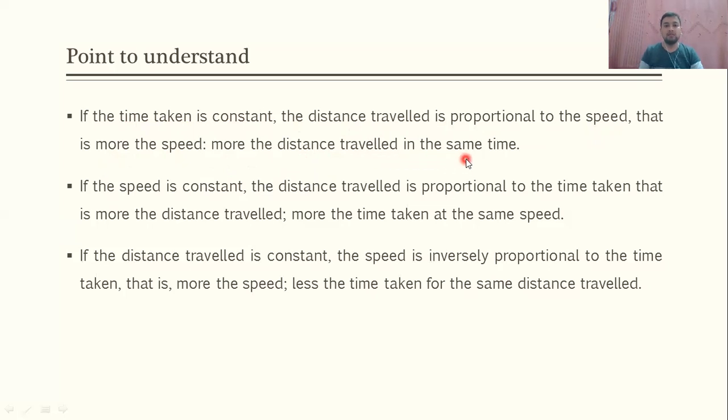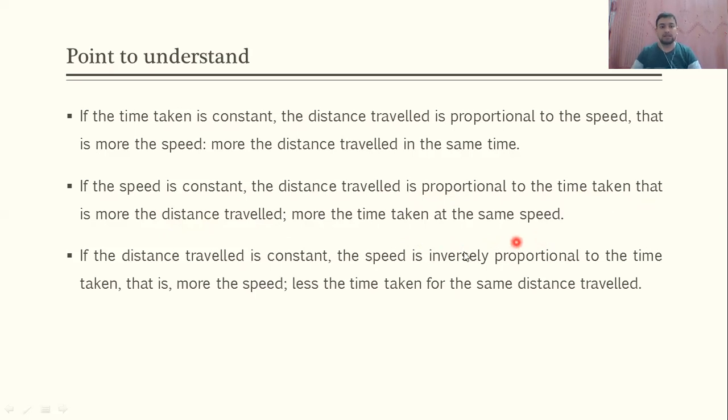Second, let's say now speed is constant. So if speed is constant, distance travelled is proportional to time taken. That is, more the distance travelled, more the time taken at the same speed.